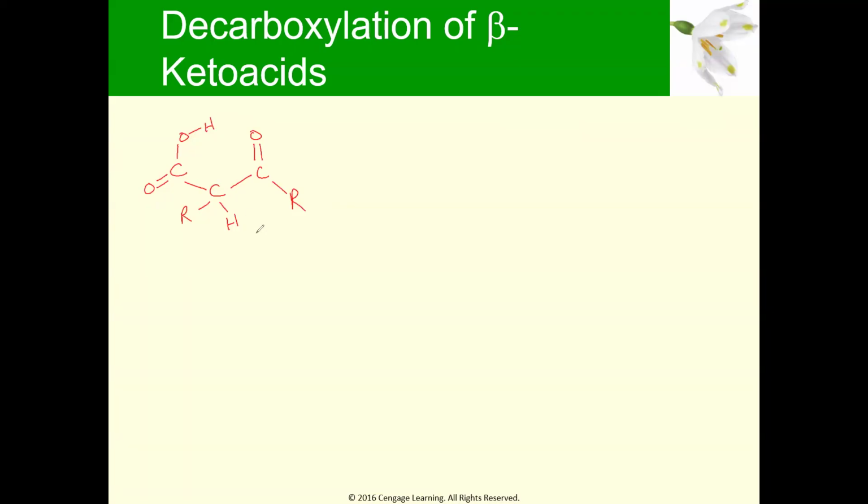Okay, so now, as the title says, the decarboxylation, that's a big fancy word we'll explain in just a second, but this one is important. So of the beta keto acids, I want to explain what that beta keto acid means. Here, of course, is the acid. So that's the acid part of that name.